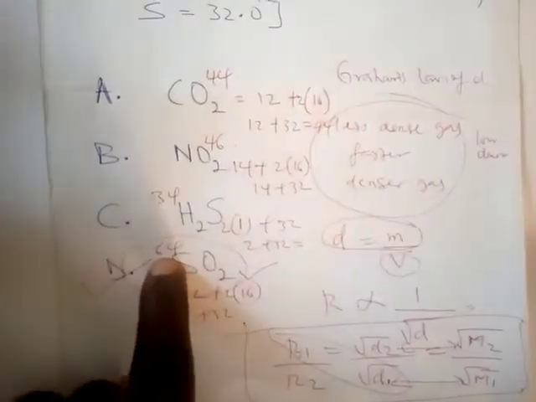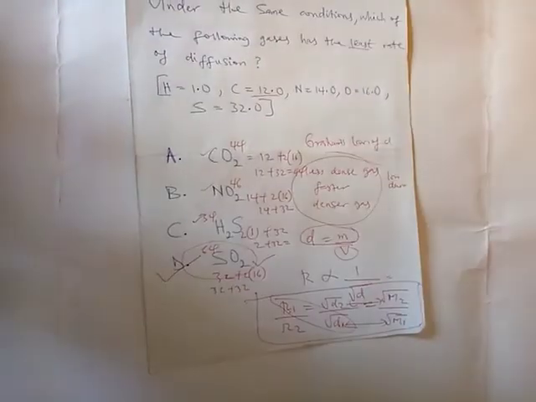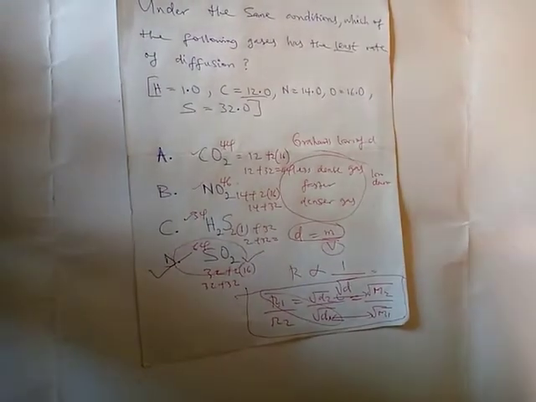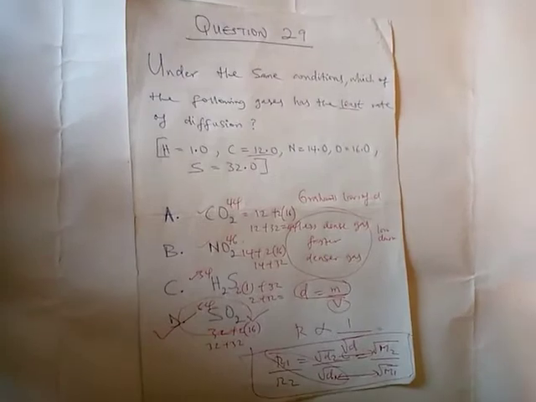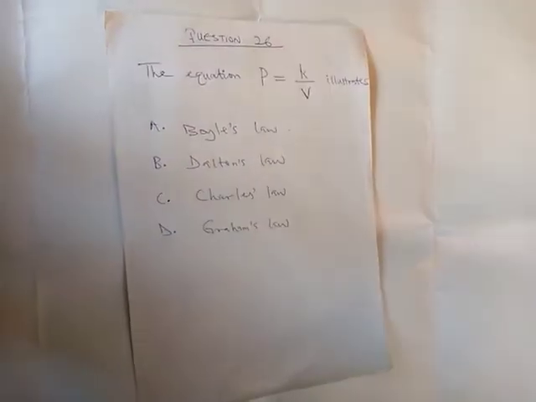It will be this one, option D, that has the more molecular mass. This one will diffuse faster, followed by this, and this is the least. I hope that is clear. So that's about that. Let's see another question.